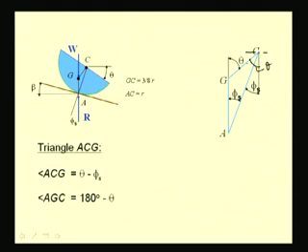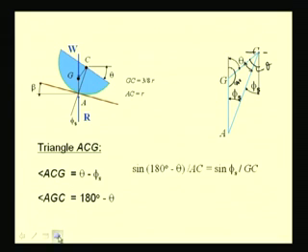So, this angle is theta minus phi s, and this angle AGC is nothing but, the total angle being 180 degrees, 180 degrees minus theta.